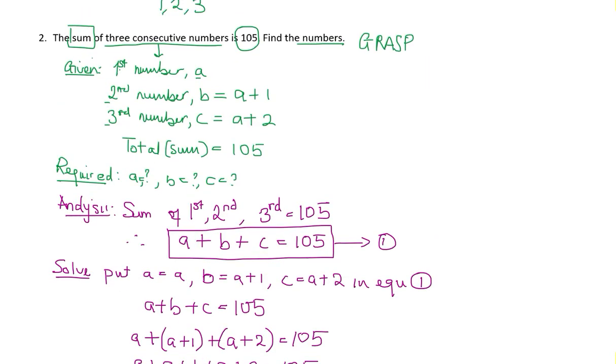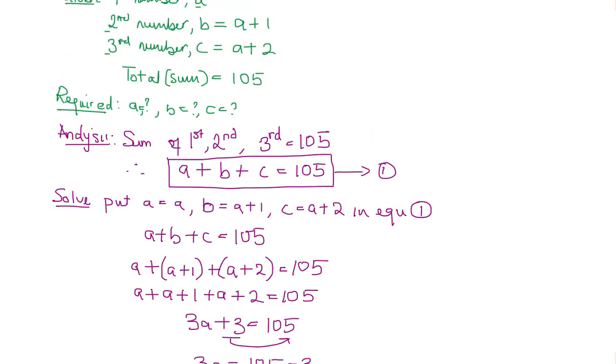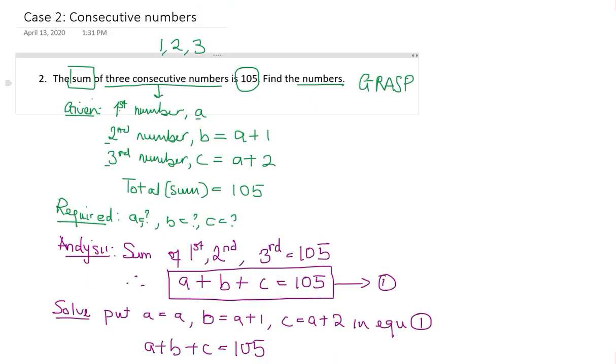So in this question here, you need to be aware that if I'm given any x number of consecutive numbers and we know the sum, all you have to do is to highlight the first number as a specific variable, and then every consecutive number that you're following in terms of adding 1, you go based off the first number, and by that way you can substitute in your equation, and by solving you'll be able to determine what the first number is, and based off the first number you can get back the other numbers that give this sum to be equal to the question given.